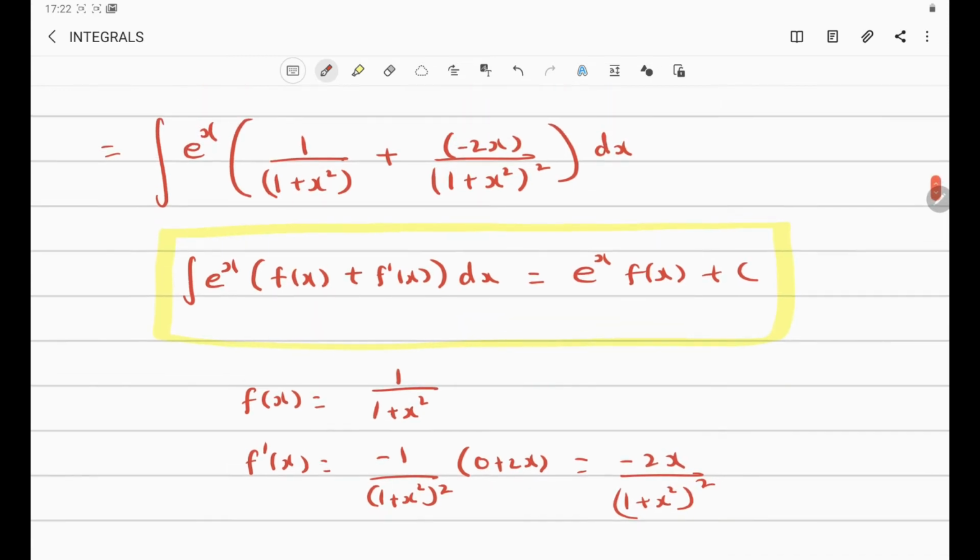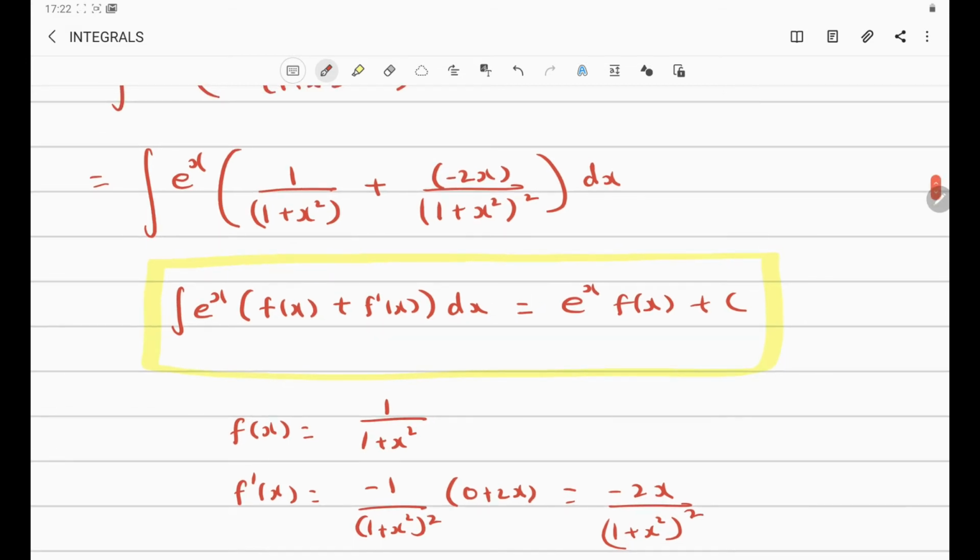This is exactly the f dash of x which we find in this term, 1 by 1 plus x square plus minus 2x by 1 plus x square whole square. So, this integrand is in the form of e power x times f of x plus f dash of x.